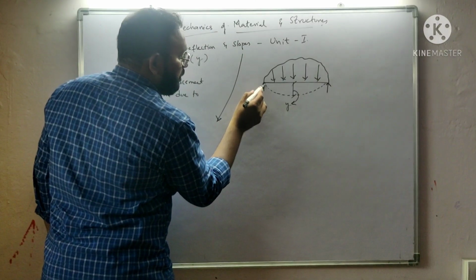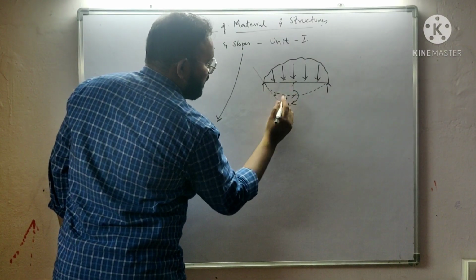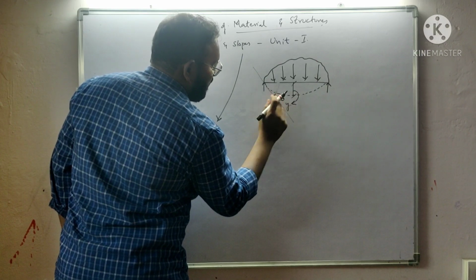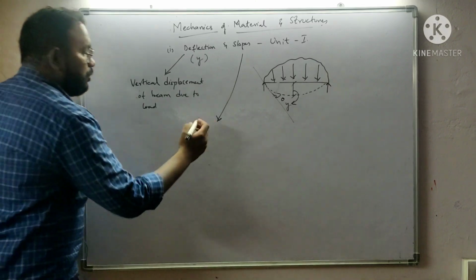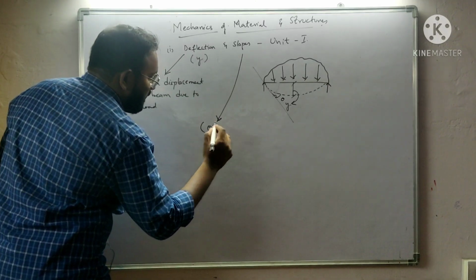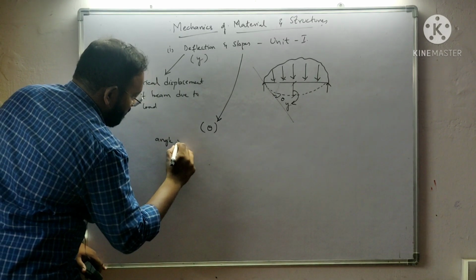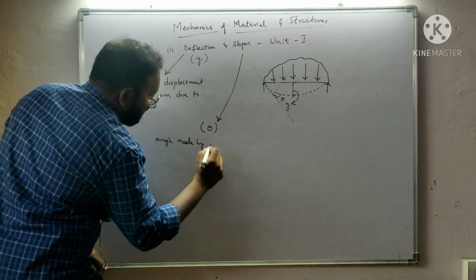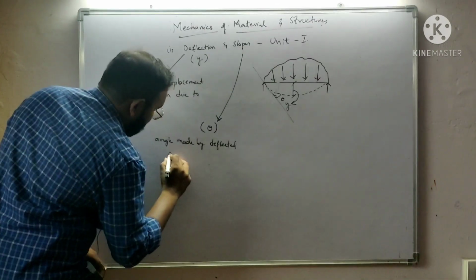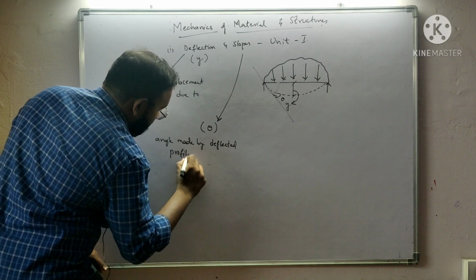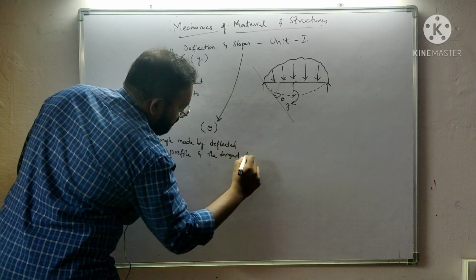Now next is slope. If I draw a tangent to this deflected profile, the angle measured between the beam and the tangent drawn is denoted by theta. It is defined as the angle made by the deflected profile and the tangent drawn.